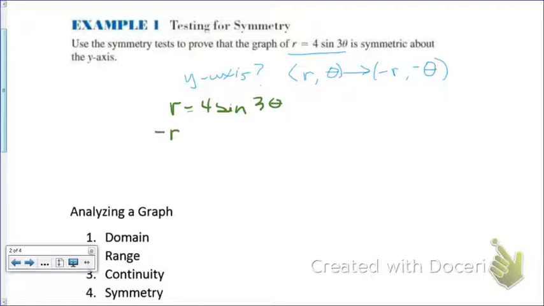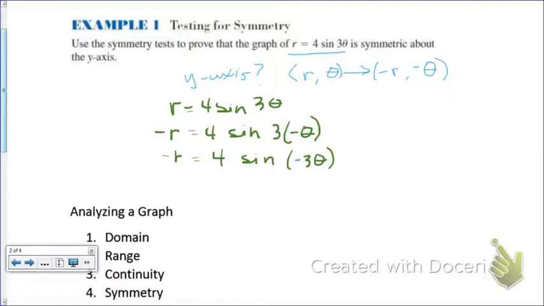So now I'm going to have negative r equals 4 times the sine of 3 and negative theta. Okay, doing a little algebra. We've got negative r is 4 sine of negative 3 theta. So if you can remember back to your identities, which I know was our favorite unit, this is an example of odd and even functions.